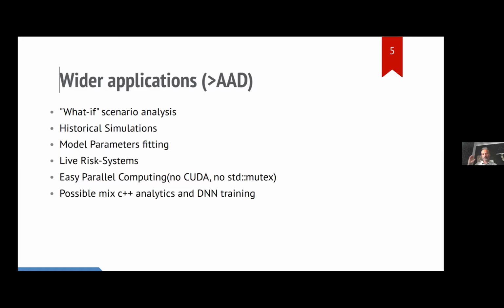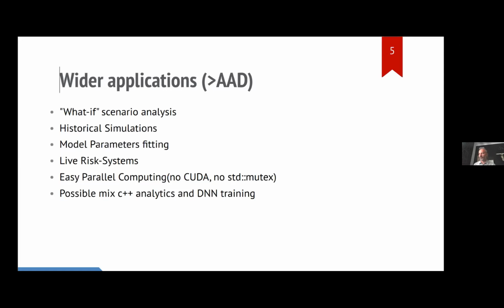You can differentiate through your payout, to cash flows, to neural network, to your scenario parameters, model parameters. And you can use things like reinforcement learning to calibrate these small neural networks within your larger C++ analytics.